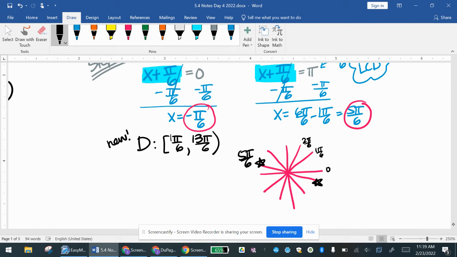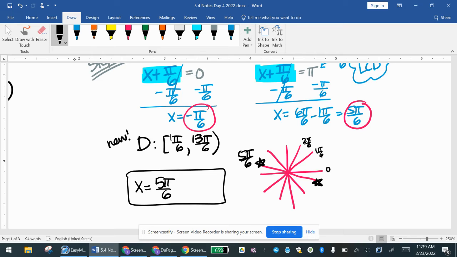So remember, your domain says you can go from pi over 6 all the way to 13 pi over 6. Okay? All right, so if you notice, 5 pi over 6 is within that rotation. So your final answer is going to include 5 pi over 6. It cannot include negative pi over 6 because that answer is negative and the domain doesn't have any negatives.